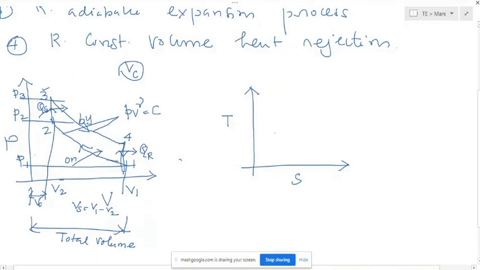In that process, pressure is getting increased. Already we know that pressure is directly proportional to temperature. So definitely, if your pressure is increased, temperature also increased, right? 1 to 2. And if the process is reversible adiabatic, always the entropy is constant.